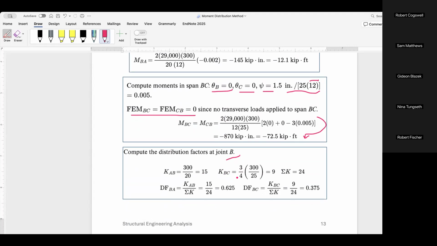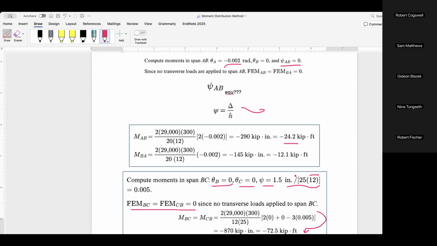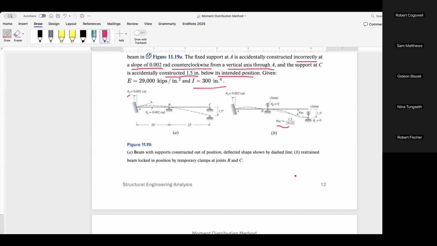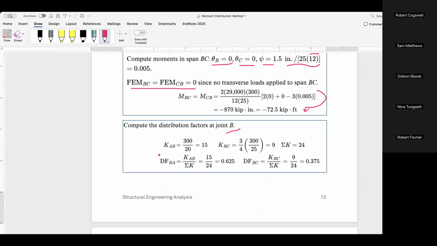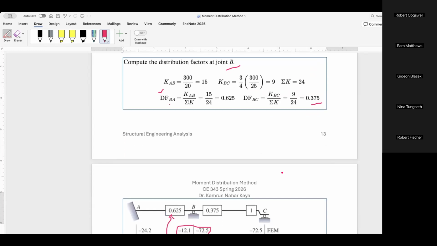So for the BC, you have this one, then compute it. And what else? Okay, nothing. And then the summation of the distribution factors for joint B, for the AB section and for the other section of that beam, for joint B you get this value 0.375.